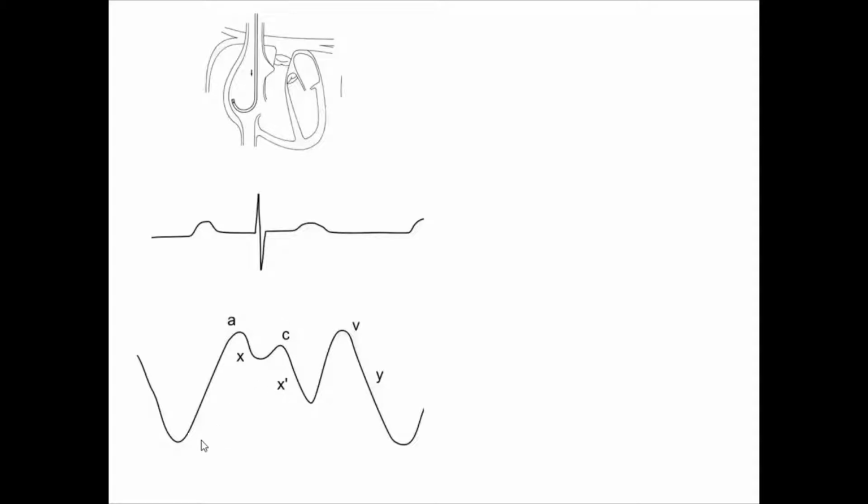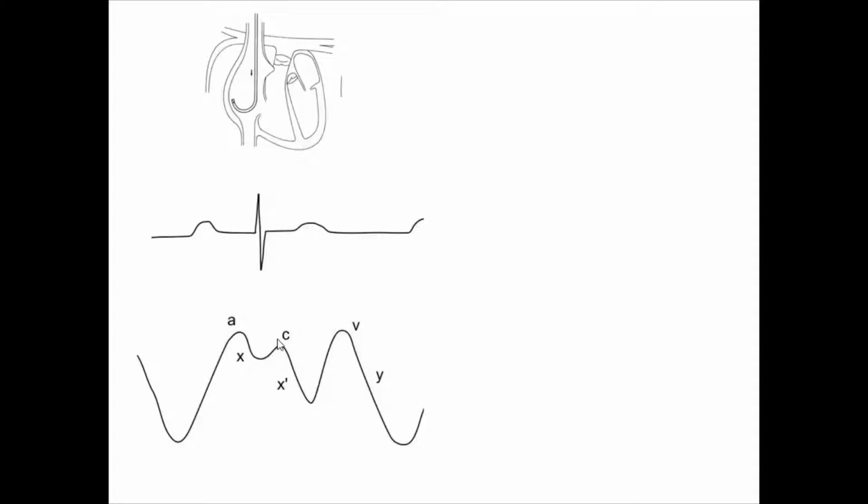So in the right atrial hemodynamic waves, we have the A wave. This is an increase in pressure that coincides with atrial contraction, followed by the X descent. This X descent is interrupted by the C wave. The C wave is due to the movement of the AV valve, or tricuspid valve, towards the atrium.